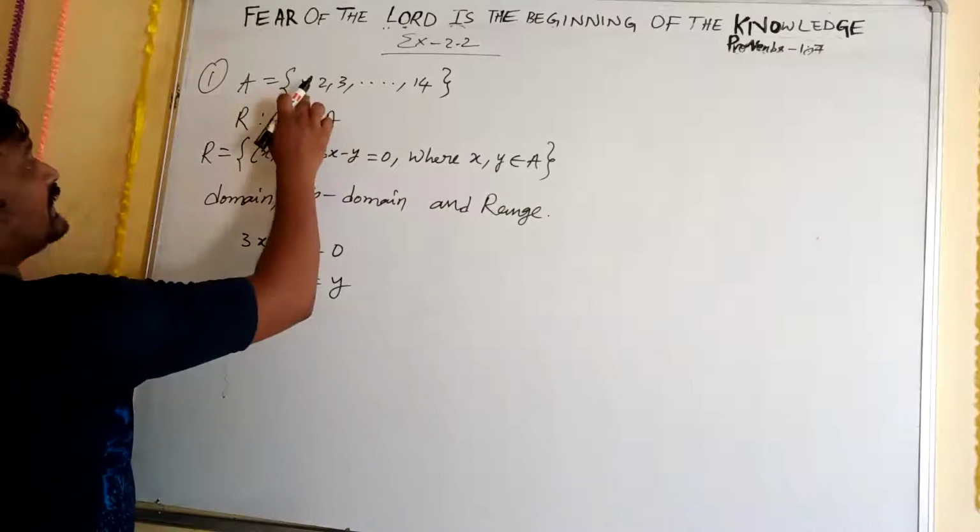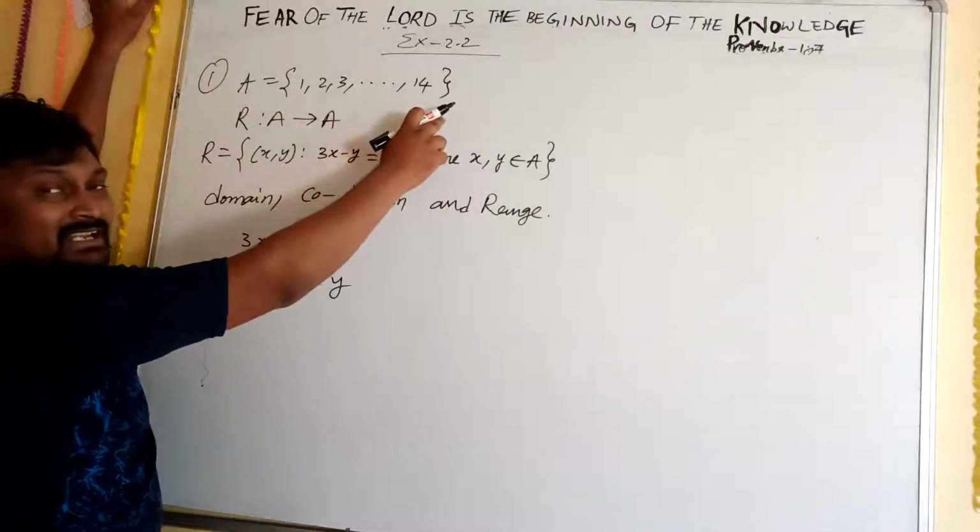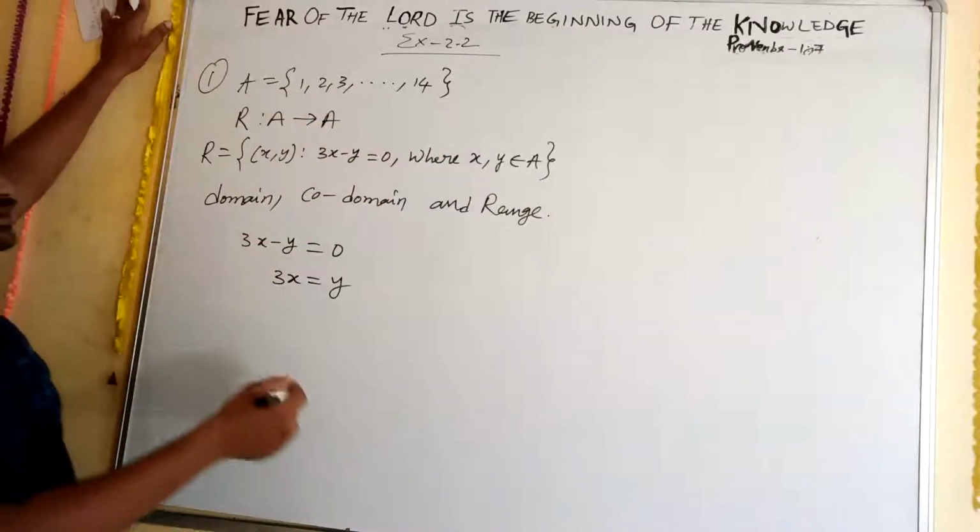Now here, the numbers 1 to 14 are there. We'll check here.